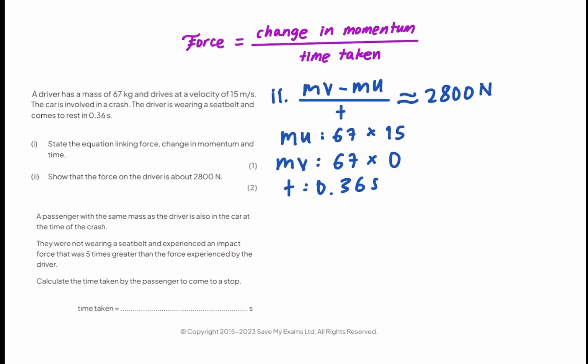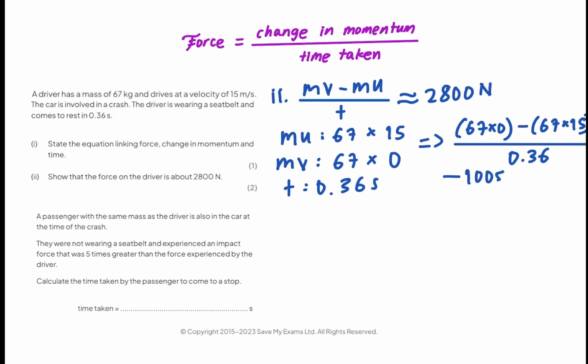So now we can just plug these values into the equation. So 67 times 0 minus 67 times 15, divided by 0.36. So just solving that, 67 times 0 is 0, 0 minus 67 times 15, which is, let me type that in my calculator, 1005.